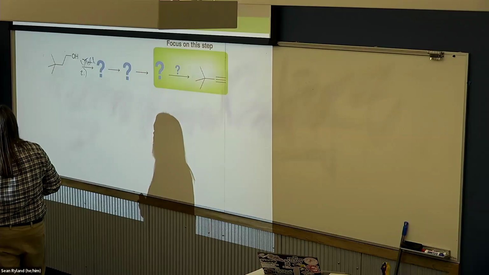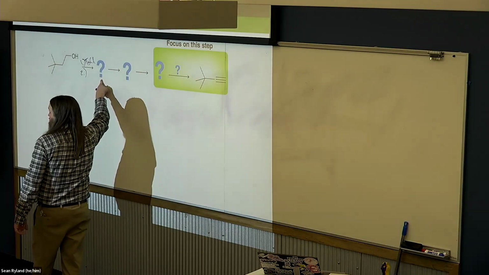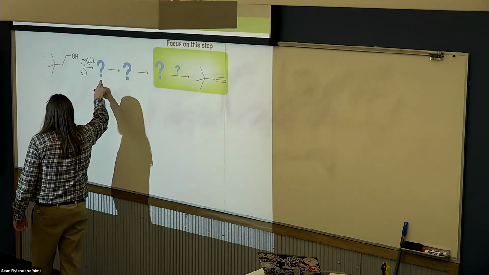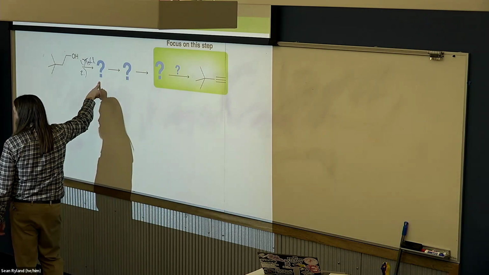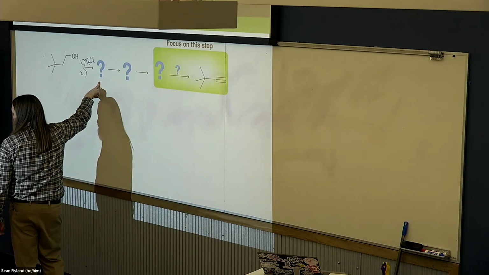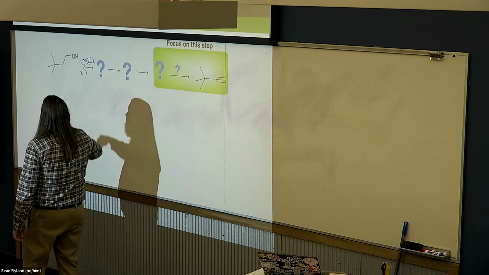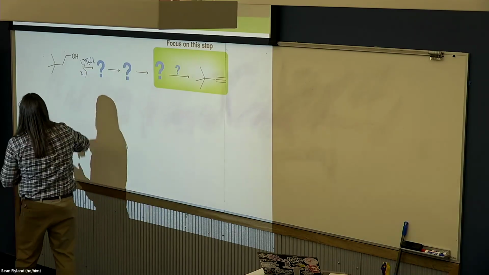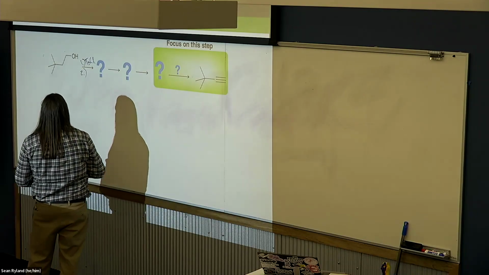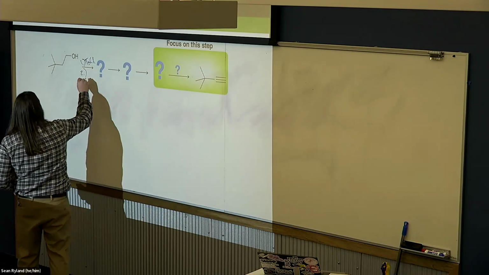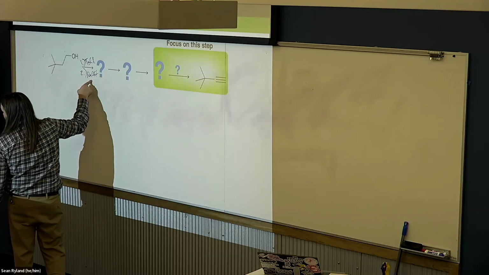Then once we make it a good leaving group, what are we trying to do? Where are we trying to go? If we stop at the intermediate, if we don't do the second step to remove the OH, that's gonna give us an elimination reaction.